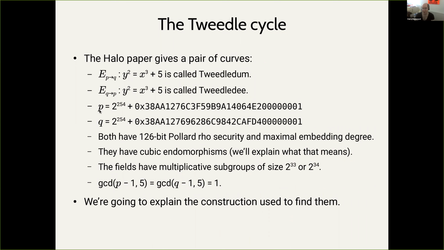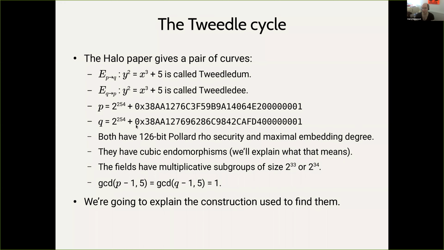If you look at the primes here, they're very close to a power of 2, that's for efficient arithmetic, and they have these zeros at the end. What that means is that we have the multiplicative subgroups that we were talking about earlier. Remember, the powers of omega up to omega to the n equals 1. So choosing primes with this structure gives us that subgroup.